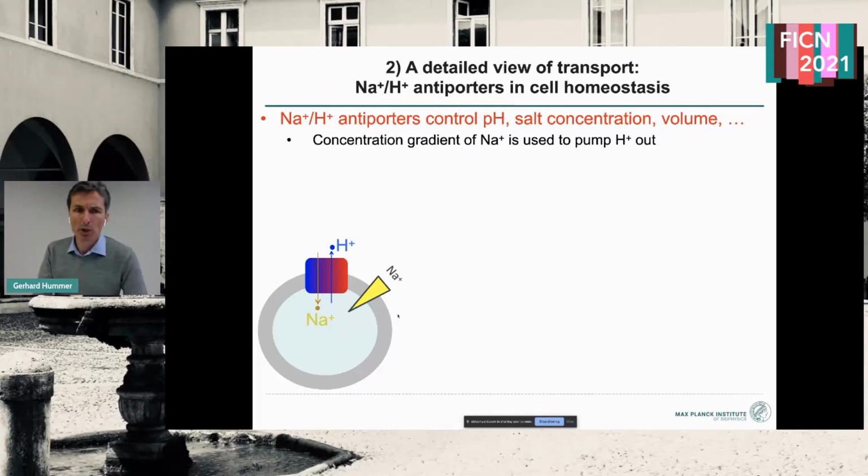And antiporters are used to control cellular pH, but also salt concentration, and in particular volume, because sodium acts as an osmolyte, whereas protons tend to be buffered. In that way, one can establish a volume control.